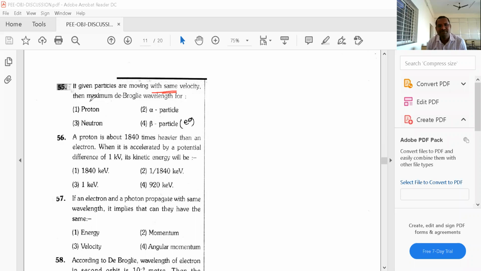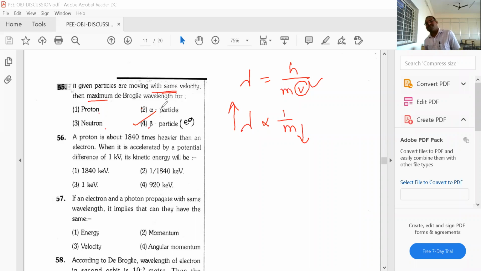Lambda is equal to h by mv. Velocity is same, means lambda is inversely proportional to mass. So for lambda to be maximum, mass should be less. Minimum mass is for electron, so electron is the right answer.